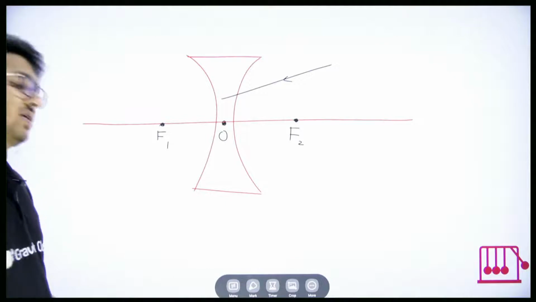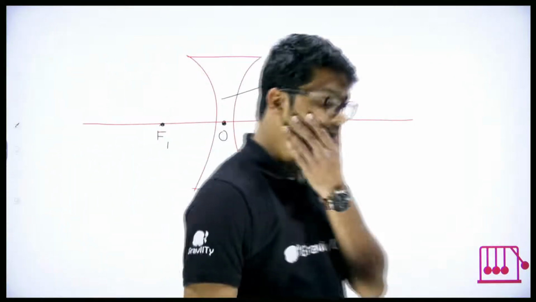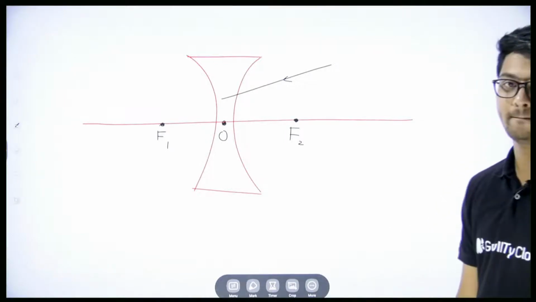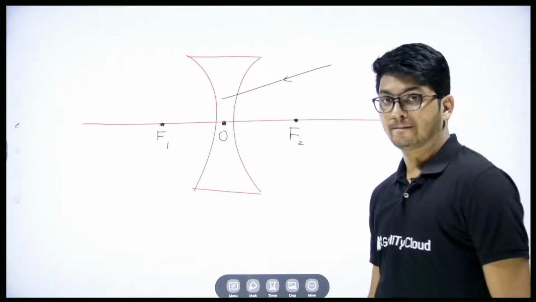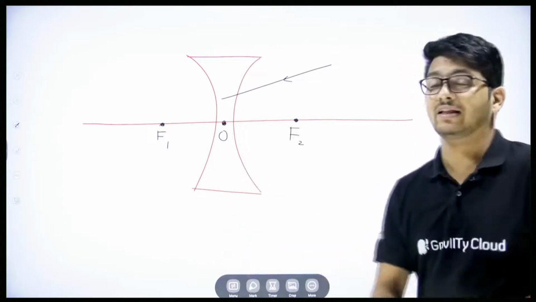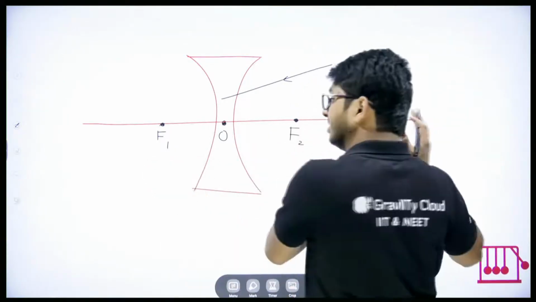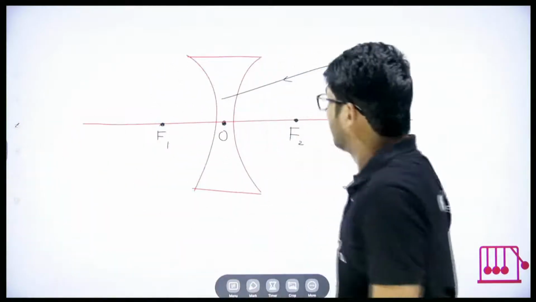Now again here, which direction is positive? Left or right? The direction of incident ray along the principal axis is towards left.